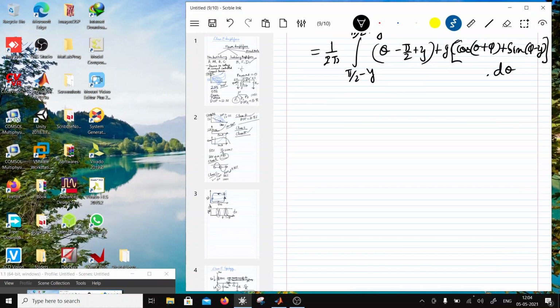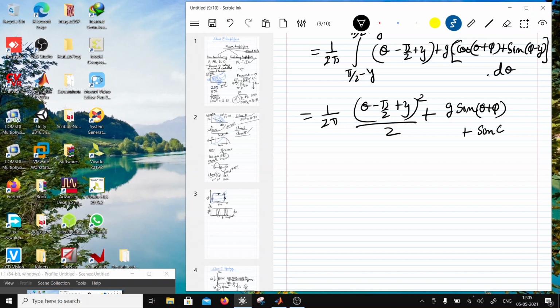Now I will integrate this as 1 over 2 pi. This will be theta minus pi by 2 plus y, squared by 2, plus G cos will become sine. The integral would be sine of theta plus phi, and this, sine of phi minus y, is a pure number, not a function of theta, so it is multiplied by theta. Then apply the limits pi by 2 minus y to pi by 2 plus y.